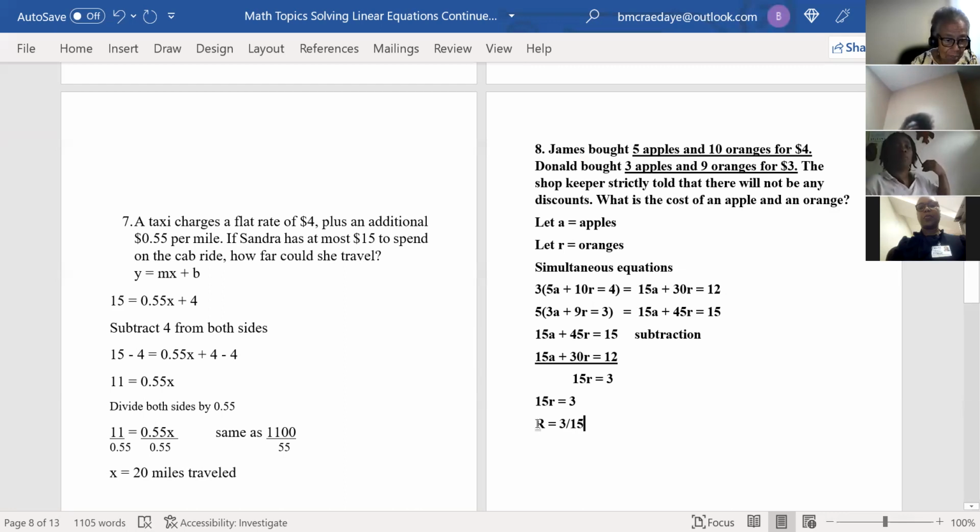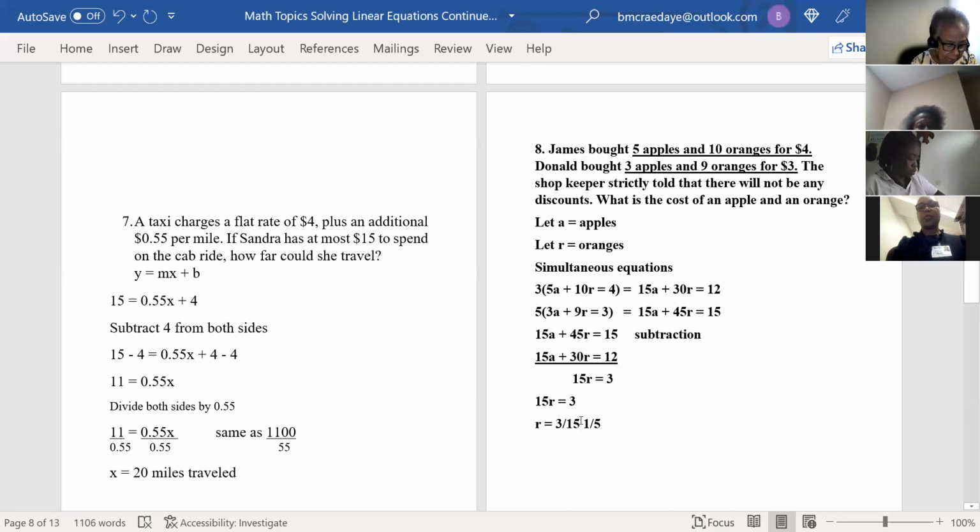3 over 15 is what as a decimal? What is 3/15 as a decimal? It's 1/5. 3/15 is 1/5.